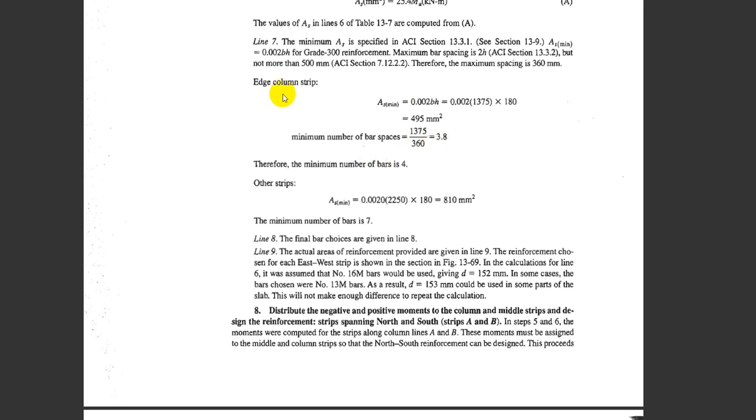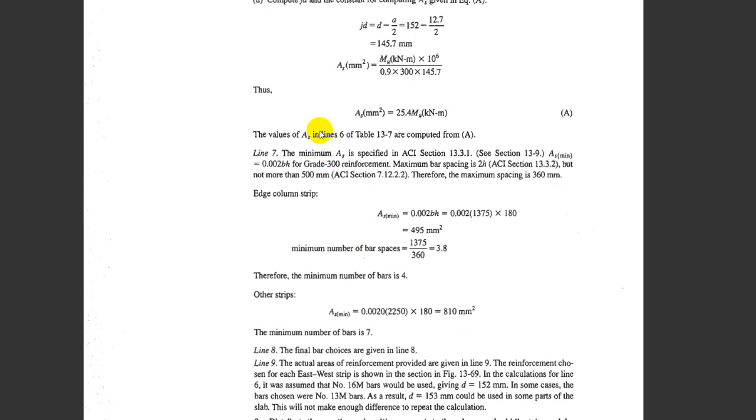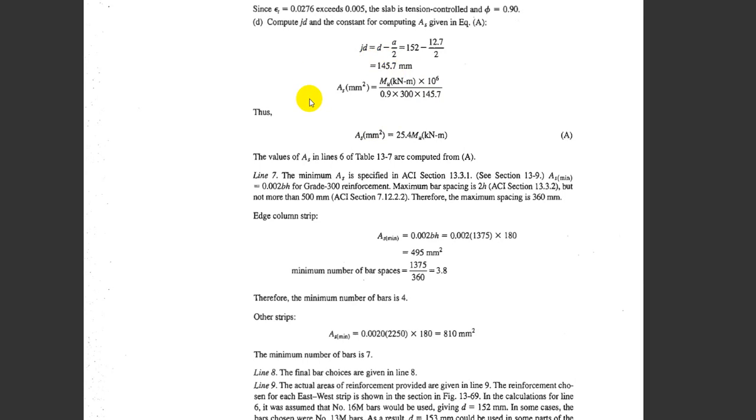So even if you calculate the rebars that you need for emitting a moment for strips, you have to check the minimum rebar ratio. See? So minimum rebar ratio can be checked based on 2 things. One is based on the maximum rebar spaces right there, and also based on the formula that's given in ACI.